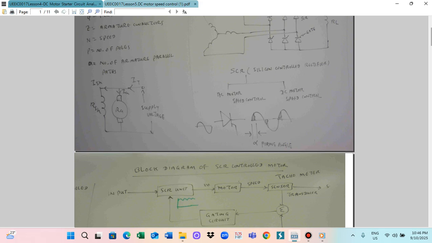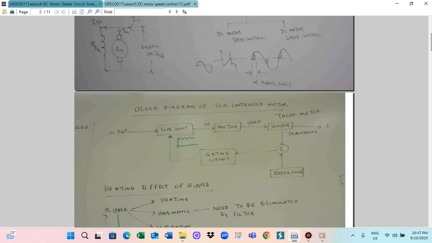By controlling the SCR, the input will be the sinusoidal signal, but the output depends on the SCR gate firing signal. So we can control the SCR signal like this.